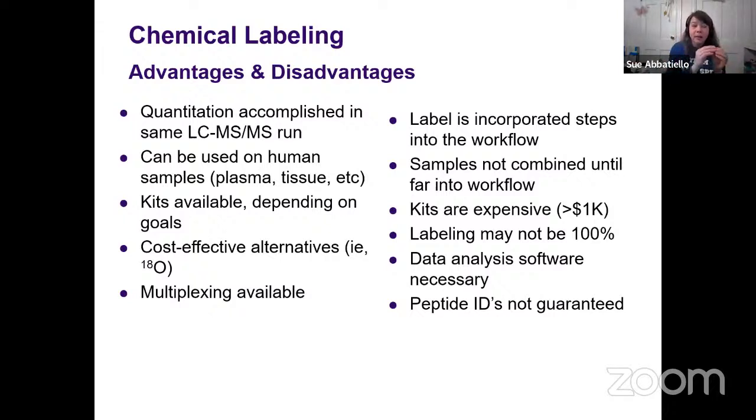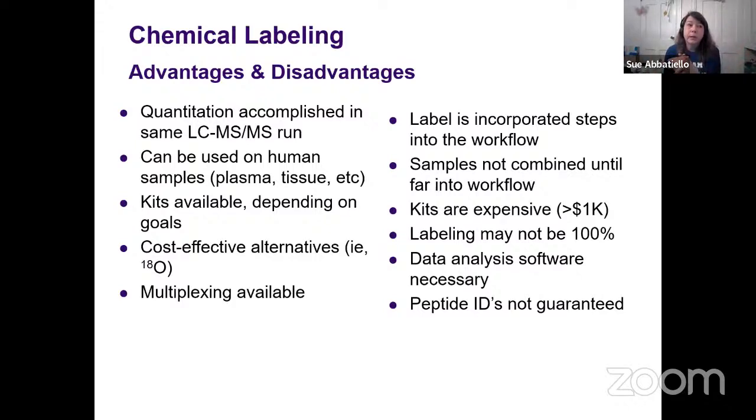By doing this, you're separating your peptides by some orthogonal means. So you're not necessarily using acidic reverse phase, which is what we use for LCMS. You might be using basic reverse phase, so high pH, which separates the peptides in different orders.